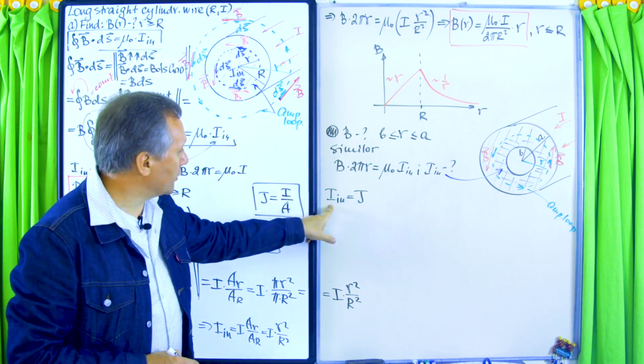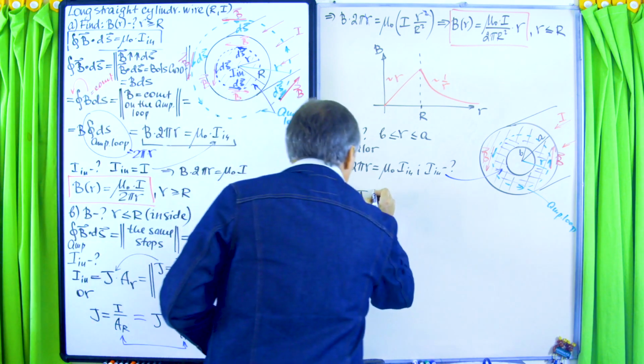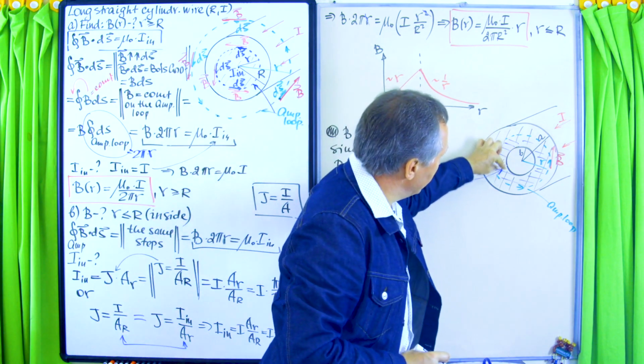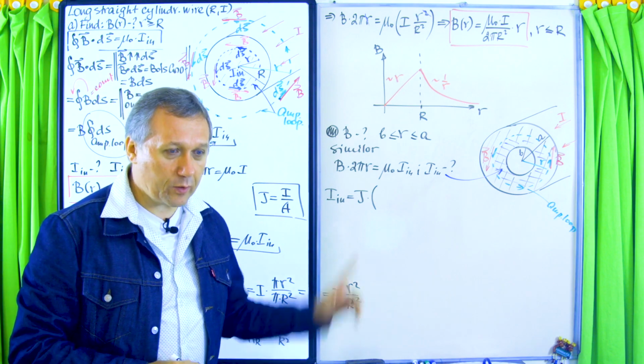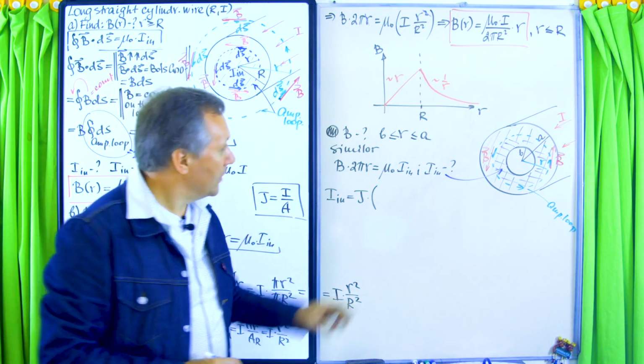So we multiply it by what? The area, this highlighted bluish area, right? So how can we find that area?